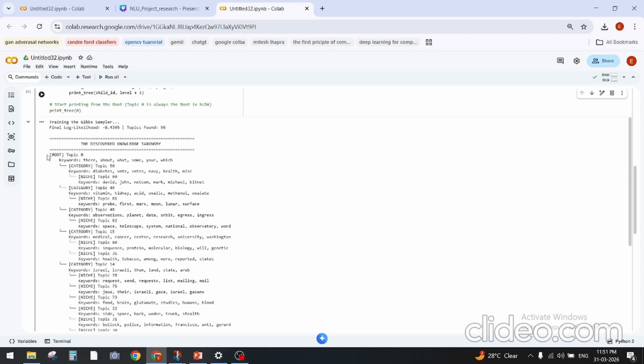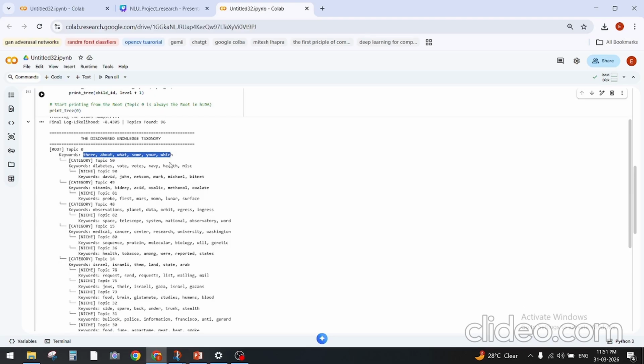We can look at topic 0. In topic 0, the words that we have obtained are very common words, because every document passes through the root. The model traps these high frequency, low meaning words here, and this is automatic denoising by the algorithm.